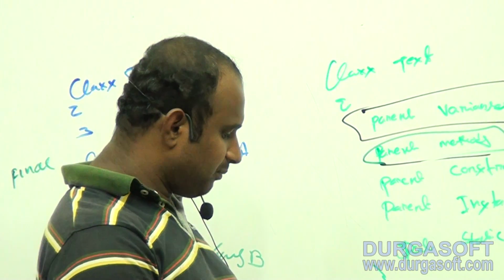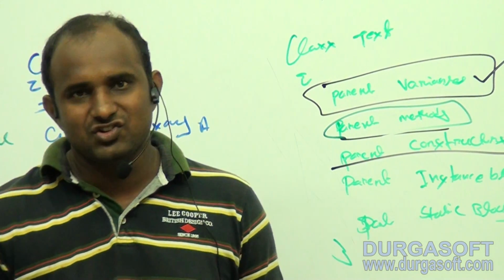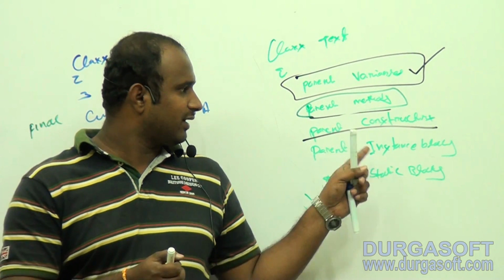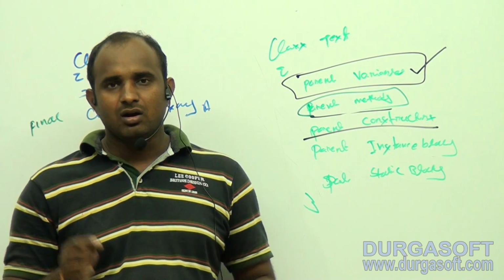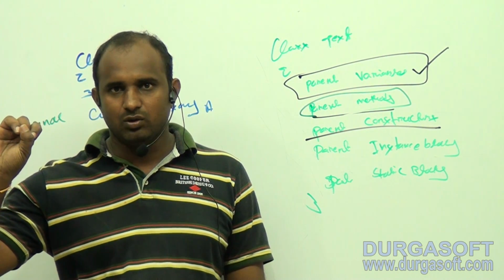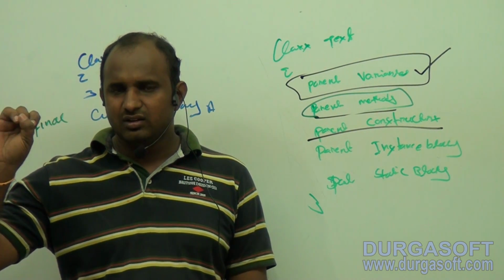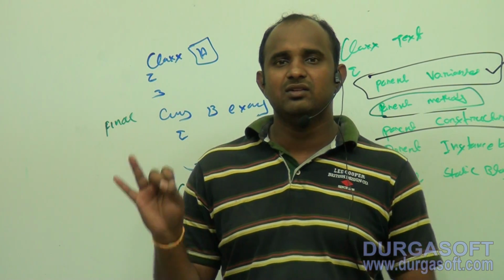The next one is the parent class constructor. This one is a big task. Parent class constructor is a big task. I already completed the current class constructors. Tell me how to call the current class constructors. Call the current class constructors by using the this keyword. Inside the constructor, the this keyword must be the first statement.